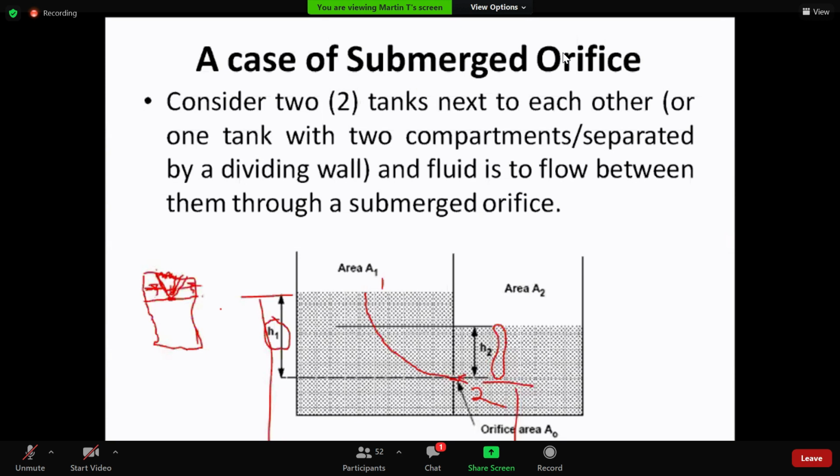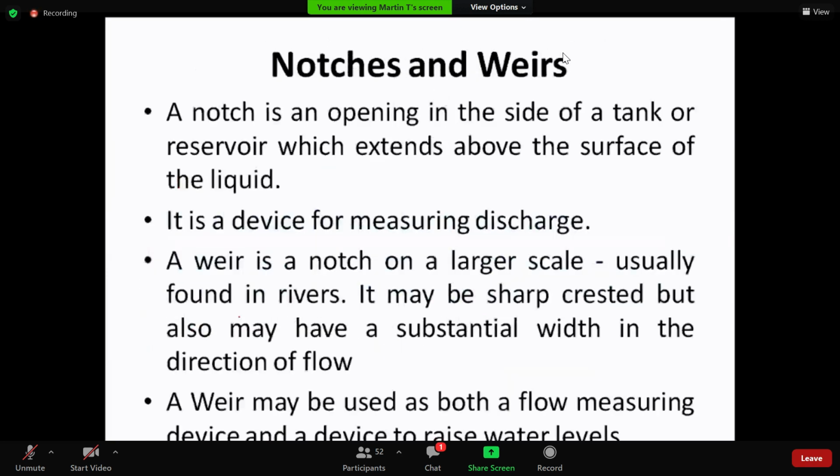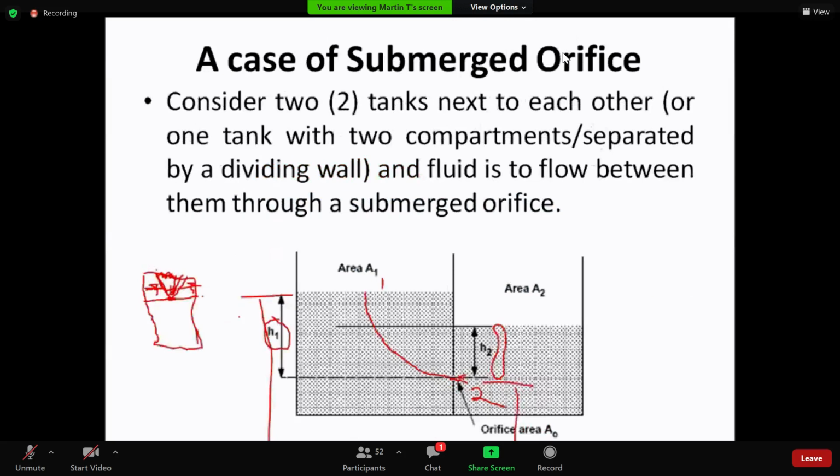Now at that point, we have an opening that is extending above the surface of the liquid, because the lower part is still submerged in water, but the upper part is extending above the surface of the liquid.